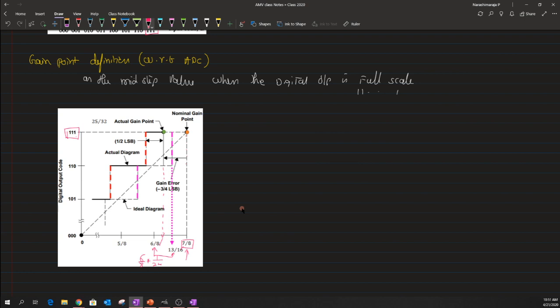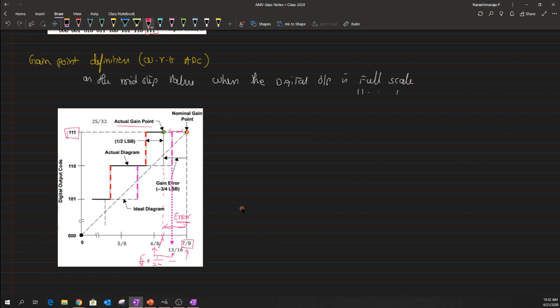So it is at this particular point we are having the mid value, and we call this the actual point. Okay, so the difference between these 2 points will give us a kind of error, which is nothing but the subtraction of this particular quantity, which is 6 by 8 plus 1 by 24, minus the 7 by 8, and that will give us this gain error. Okay, so hope that it is clear.